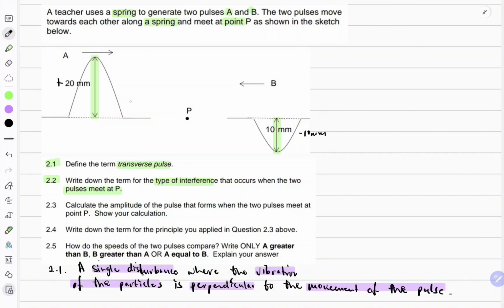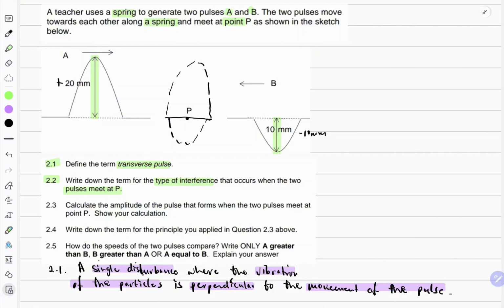So when these pulses meet up at point P eventually, the smaller pulse will have a weakening effect on the bigger pulse. So the type of interference that will occur at point P will be a destructive interference.